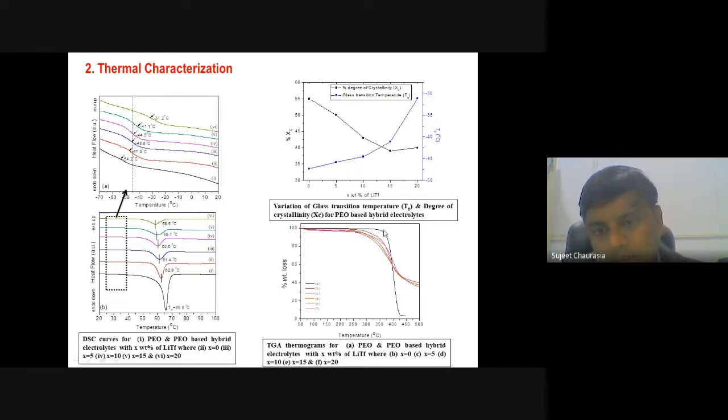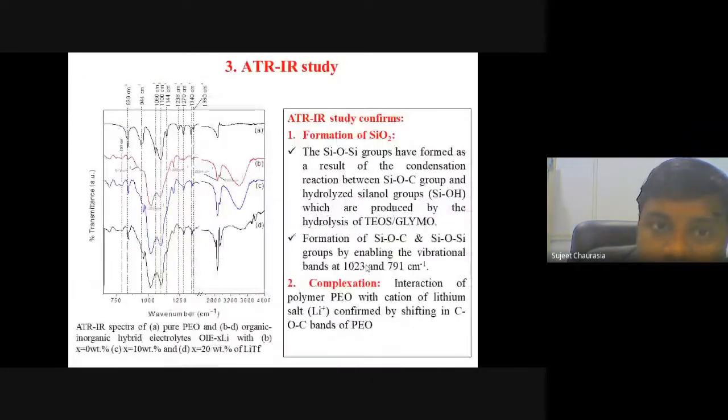The pure PEO has thermal stability of approximately 370 degrees centigrade, while the thermal stability of the hybrid electrolyte membranes containing different amounts of lithium salt is more than 250 degrees, which is a sufficient temperature range for their utilization in electrochemical devices.